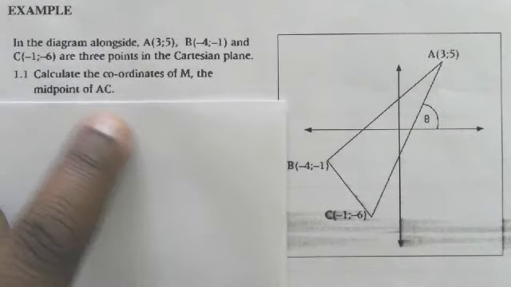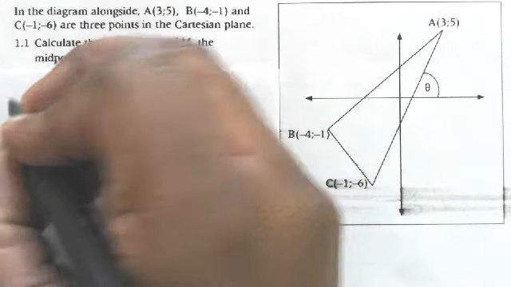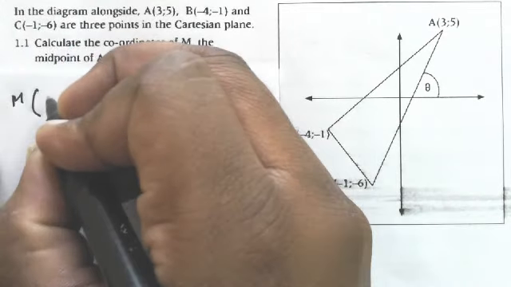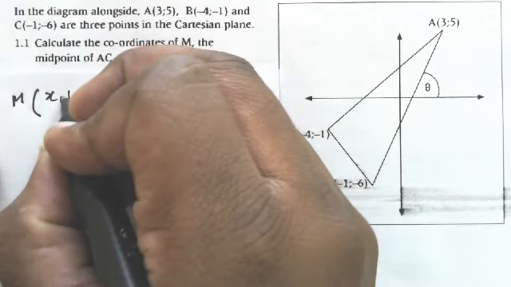Let's look at our diagram. Which one is AC? Here's the line AC. A is the coordinate, C is the coordinate over there. So what you need to find is the midpoint. We learned about the midpoint formula in grade 11: x1 plus x2 divided by 2, and then y1 plus y2 divided by 2.